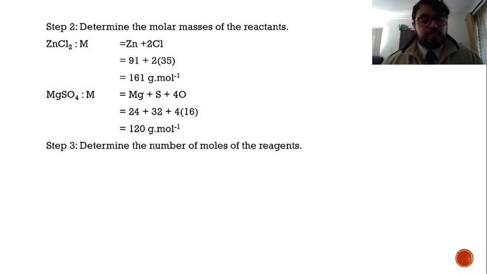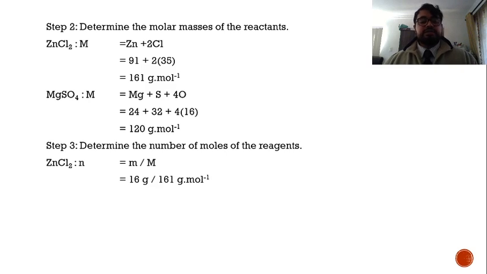So number of moles for zinc chloride, we'll look at first, is mass over molar mass. We calculated the molar mass to be 161, and the question said we have 16 grams of zinc chloride reacting. If we put that in our equation, 16 divided by 161, we get 0.099 moles of zinc chloride.